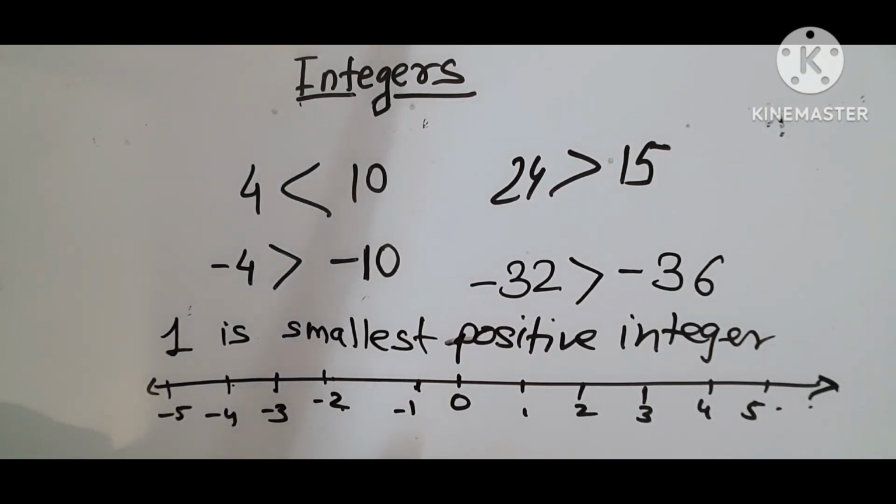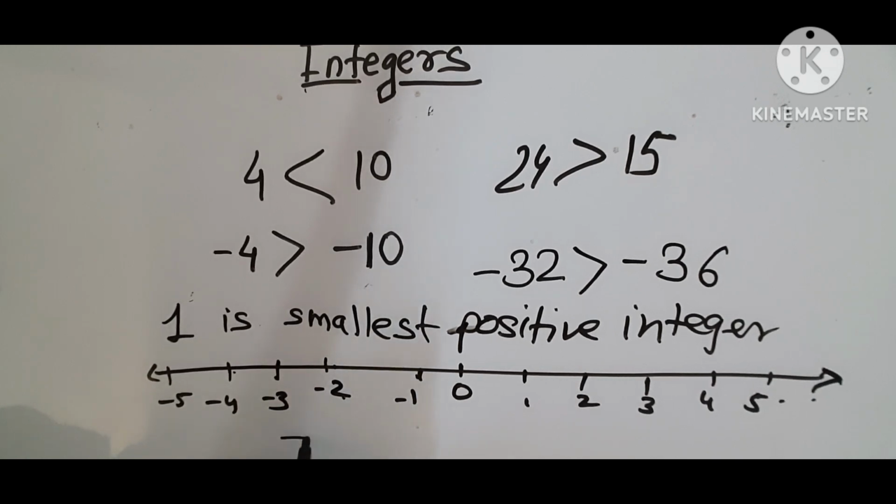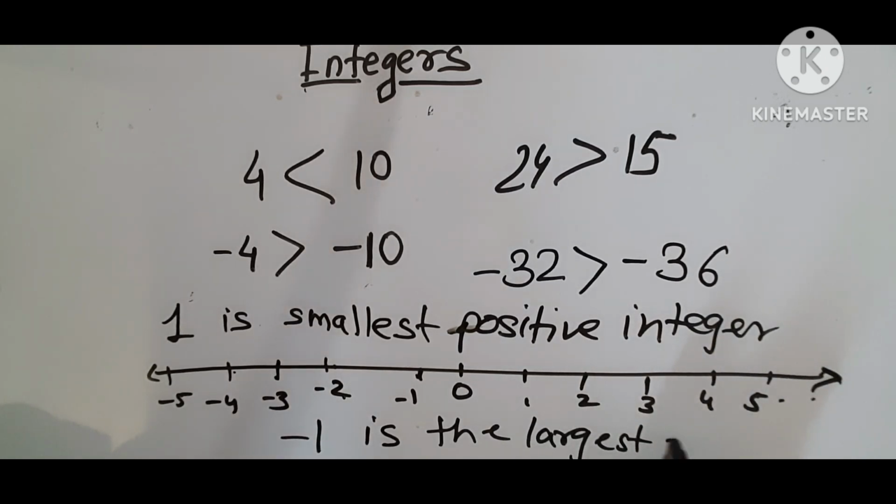But when it comes to negative integers, we can say -1 is the largest negative integer, because -1 is greater than -2, -3, -4, -5 and so on. So 1 is the smallest positive integer and -1 is the largest negative integer, because all the numbers on the negative side with greater numerical value are smaller than -1.